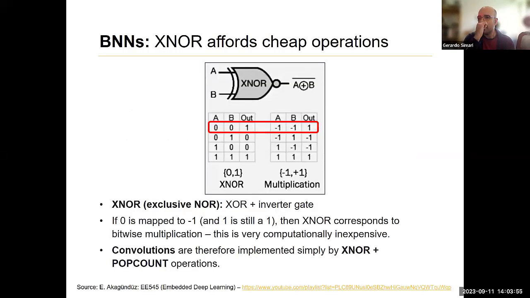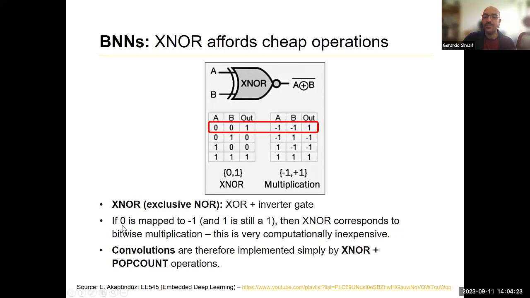So the first thing that is pretty interesting is this. I spent quite a lot of time talking about multiplication and addition. In particular, you can implement multiplication essentially by using an XNOR gate. XNOR is essentially XOR, exclusive OR, plus an inverter gate.